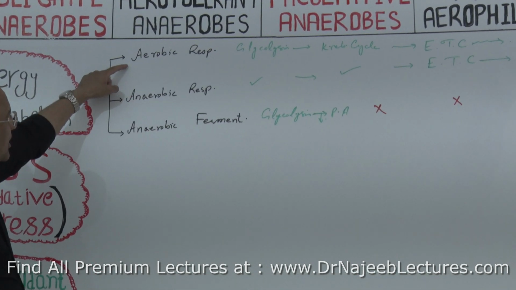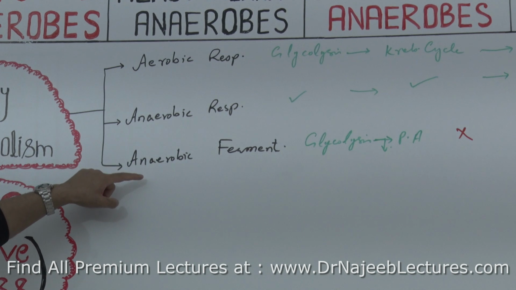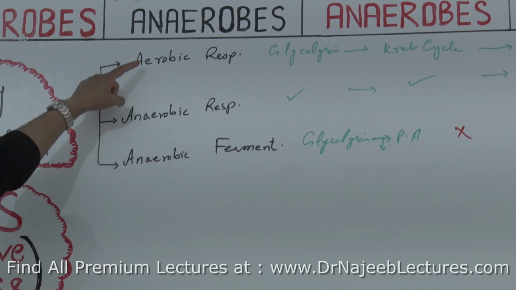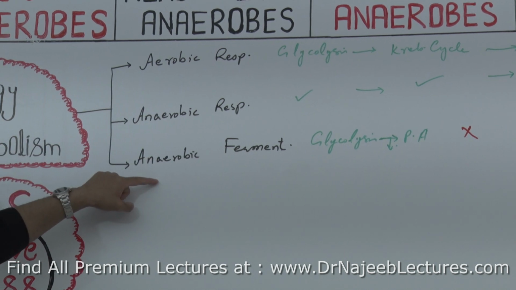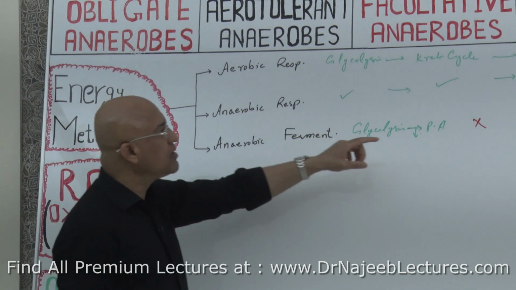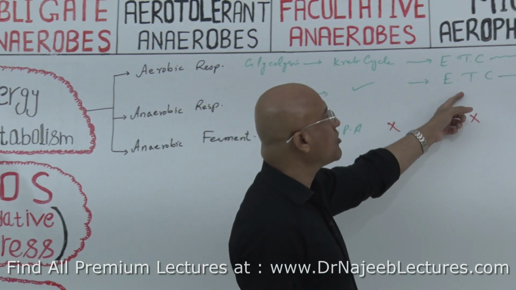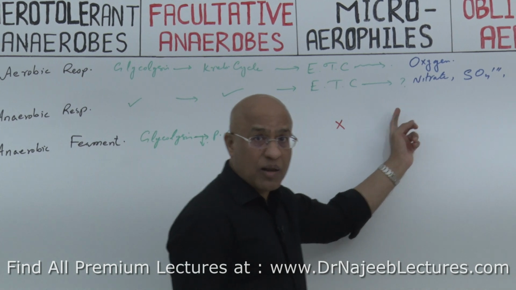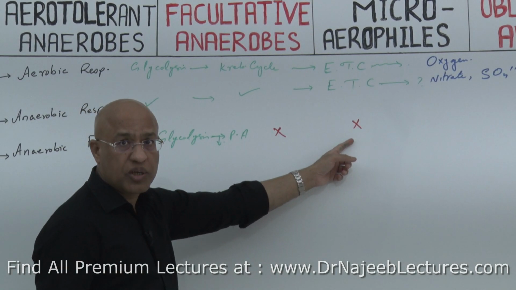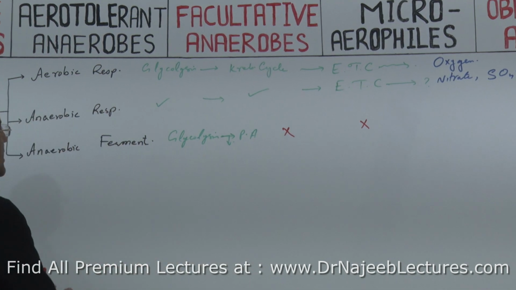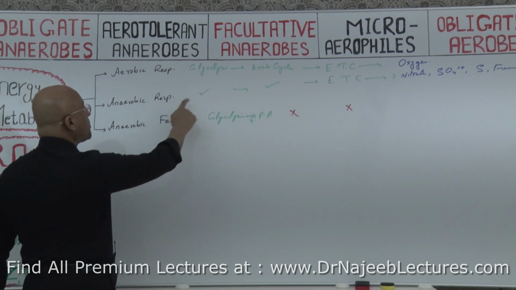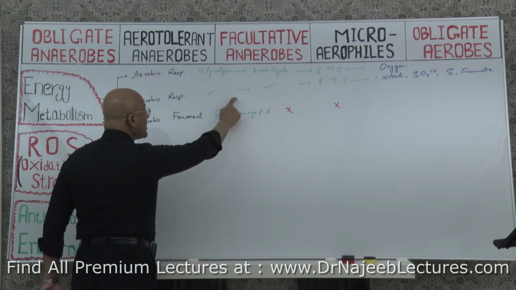Remember, aerobic respiration, anaerobic respiration and anaerobic fermentation: all of them have glycolysis, but when we use the word respiration, it means there is a Krebs cycle and electron transport chain. In fermentation, there is no Krebs cycle and no electron transport chain. So this produces very little energy, and anaerobic respiration also produces less energy, or ATP.